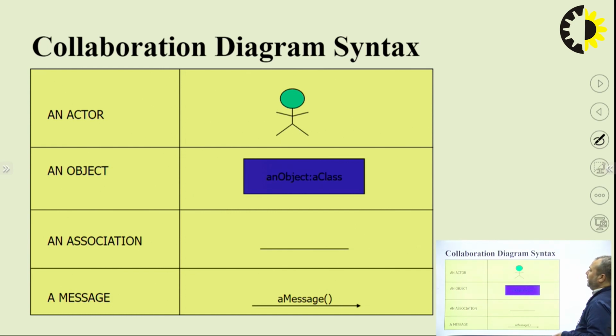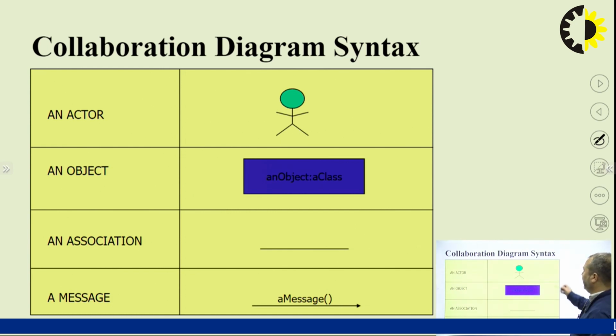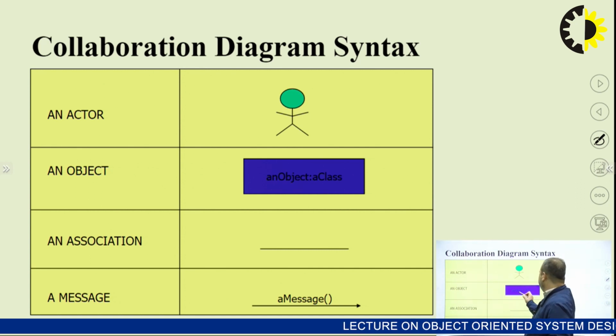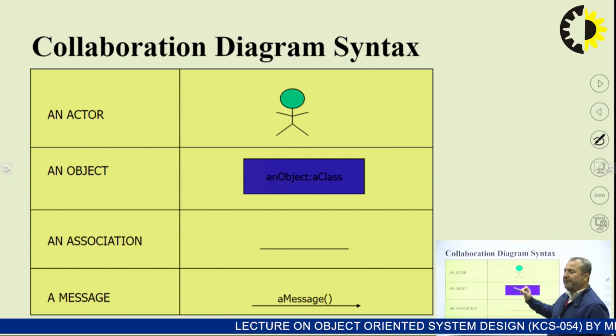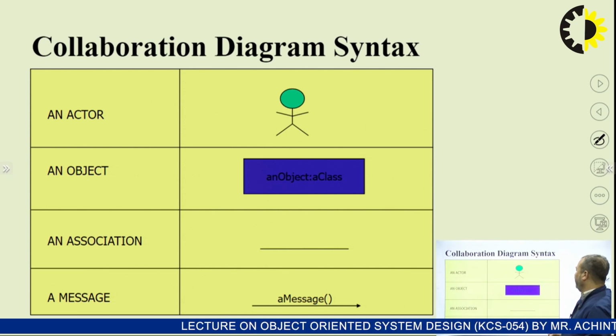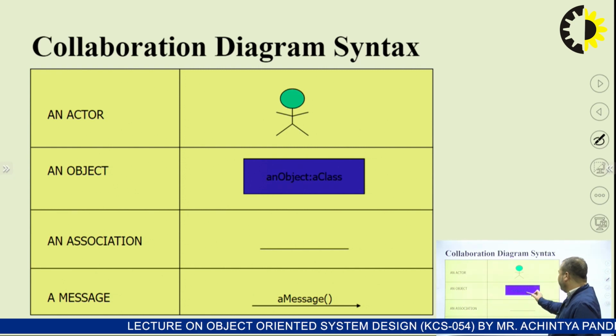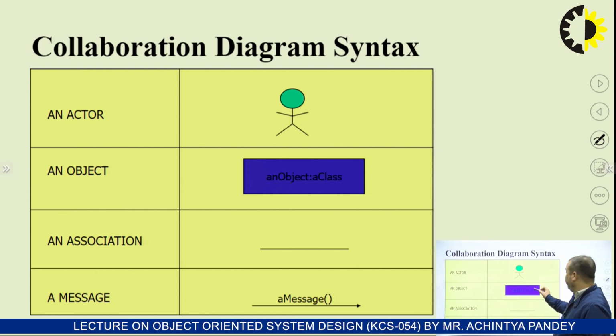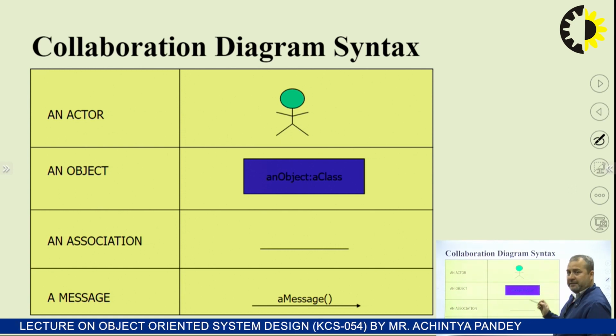Okay, now in a collaboration diagram, this becomes an actor, represented using this symbol. An object, see, this is the standard way to represent an object in UML: object name, colon, class.